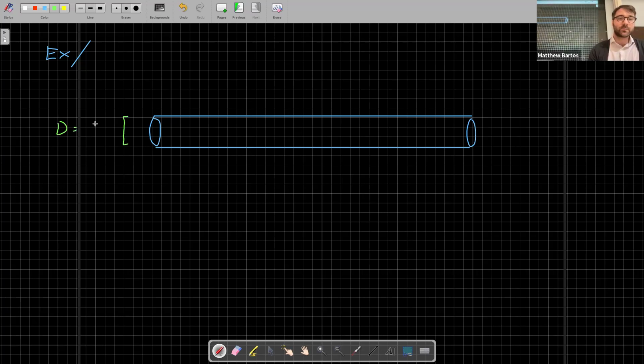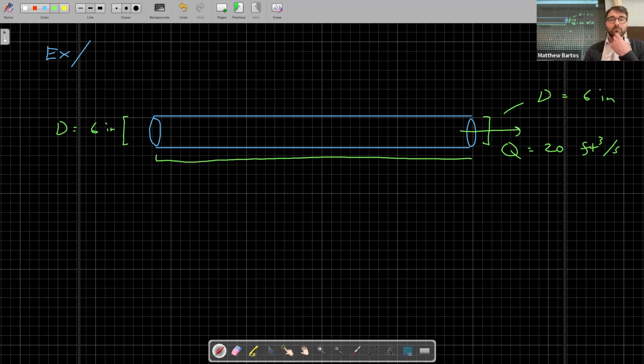The flow rate through the pipe is Q equal to 20 cubic feet per second. The pipe is going to be 20 feet long, so delta X is equal to 20 feet. And it's under steady state conditions.